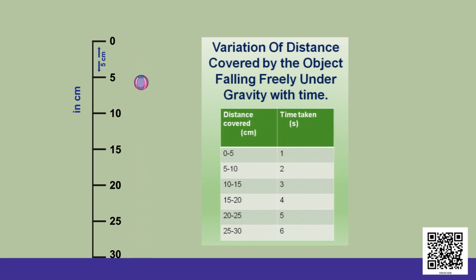So here you see the distance covered by the object is in centimeters and the time taken to fall freely is in seconds. First it covers a distance of 0 to 5 centimeter in 1 second, then 5 to 10 centimeter in 2 seconds, then 10 to 15 centimeter in the 3rd second, then 15 to 20 centimeter in the 4th second, then 20 to 25 centimeter in the 5th second, then 25 to 30 centimeter in the 6th second.